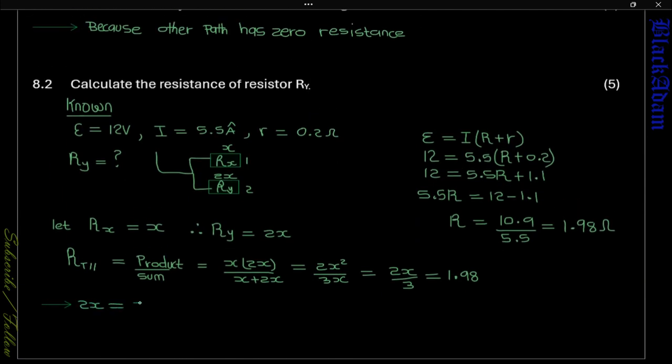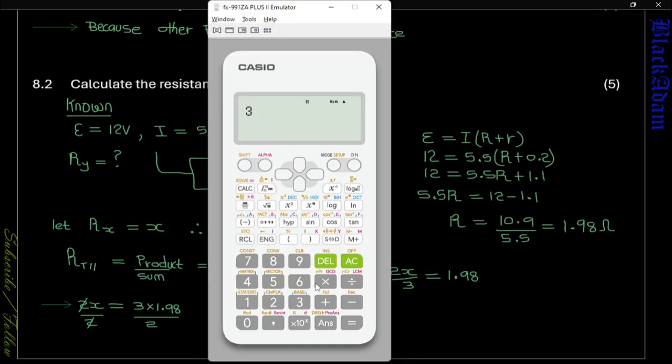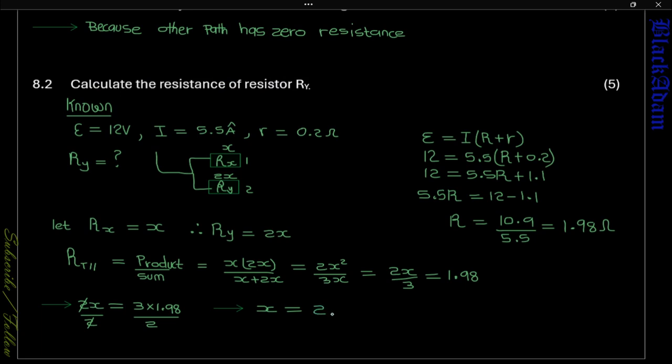Then 2x is 3 times 1.98, so divide both sides by 2. That gives us x equals 3 times 1.98, which is 5.94, divided by 2 is 2.97.